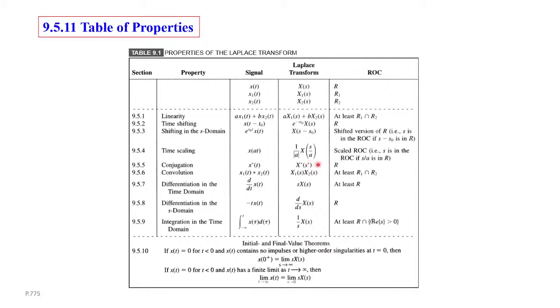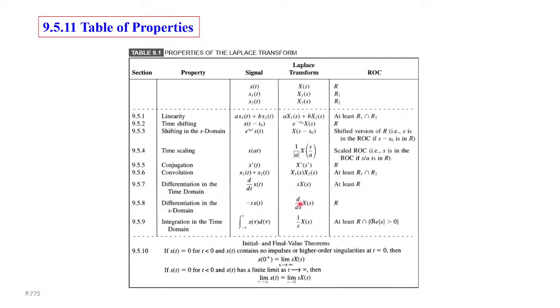And when you do conjugation, then big X is also conjugated, and s needs to be s star here, and the ROC doesn't change. Convolution becomes multiplication, and the ROC is a union, at least. When you do differentiation, you get the extra s.